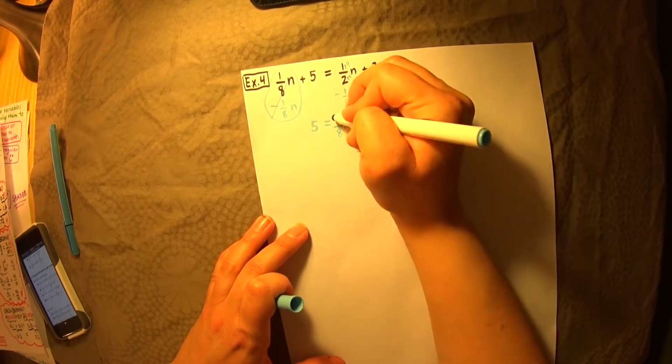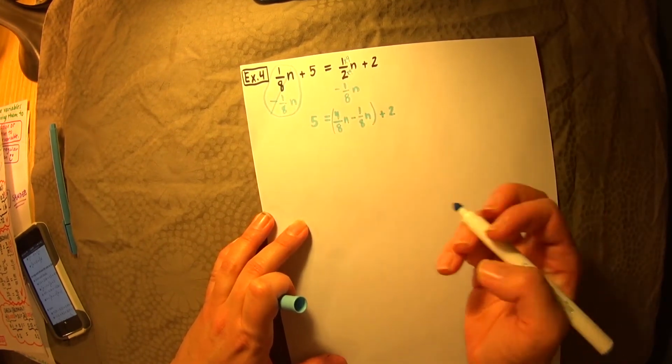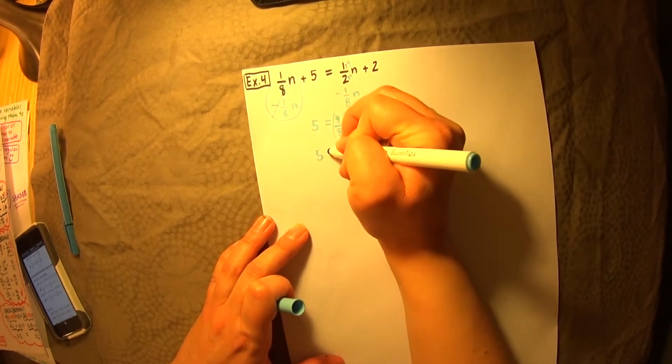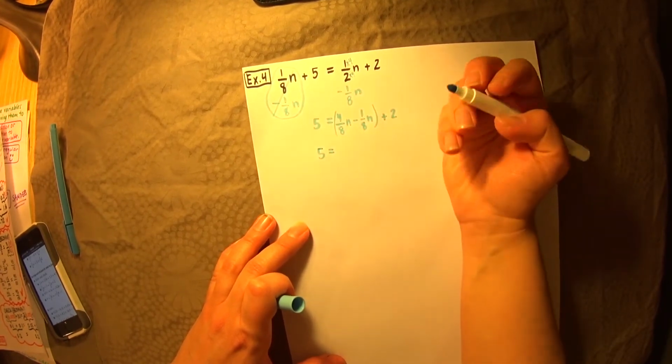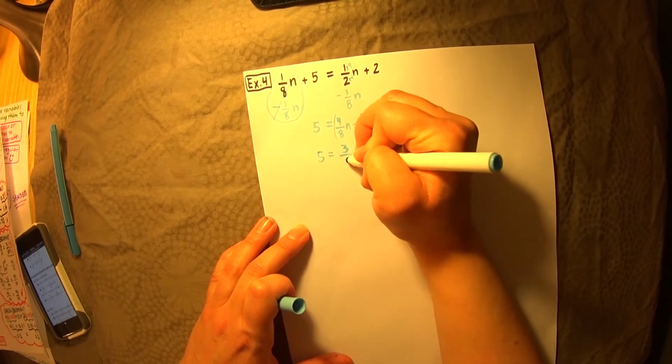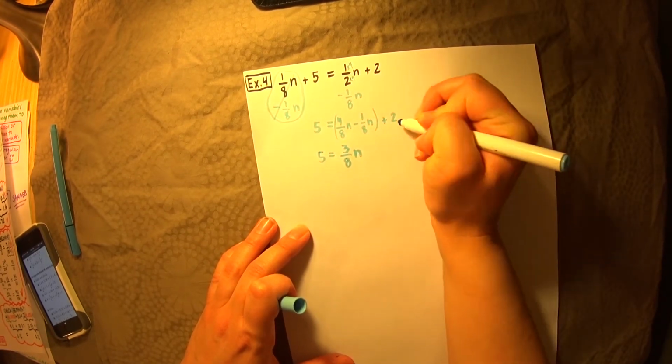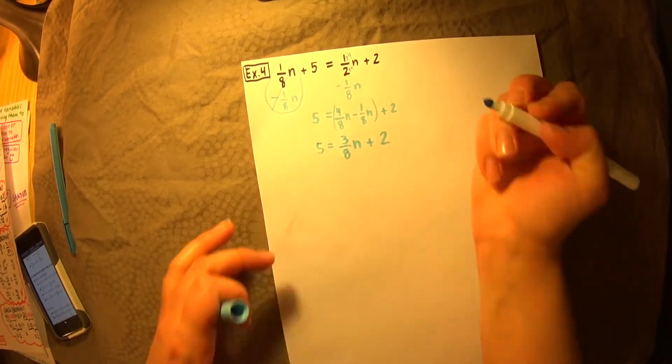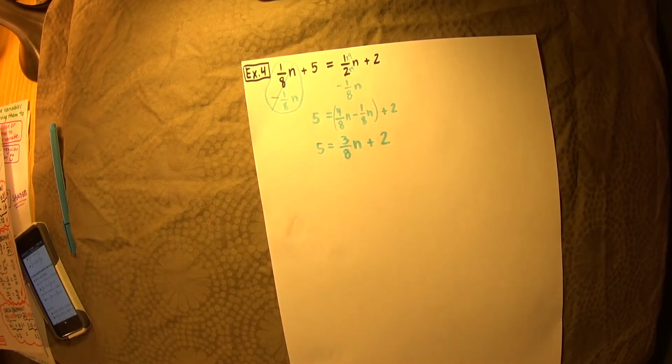Okay, so I need to subtract that first. So here's what I end up with: 5 equals 4 minus 1, 3 over 8n plus 2. All right, that's looking better. Now I've just got a normal two-step equation.